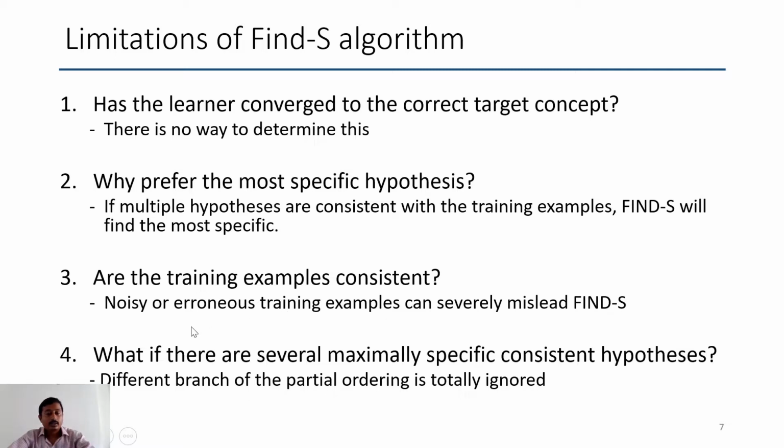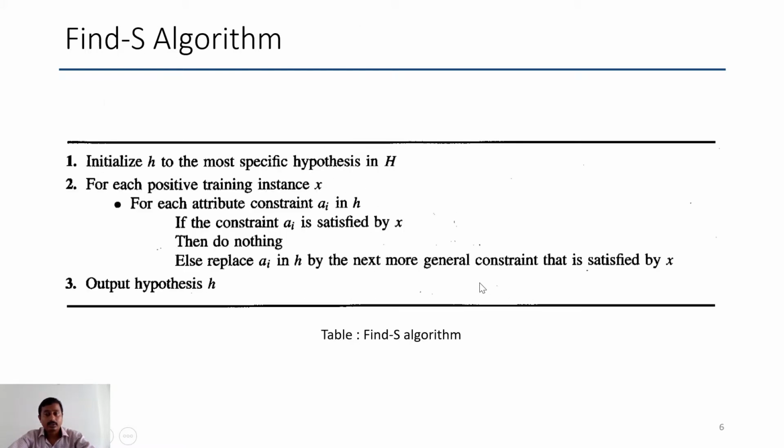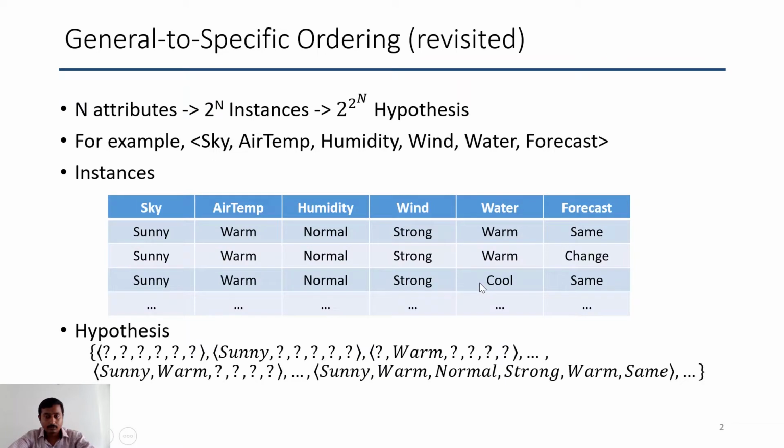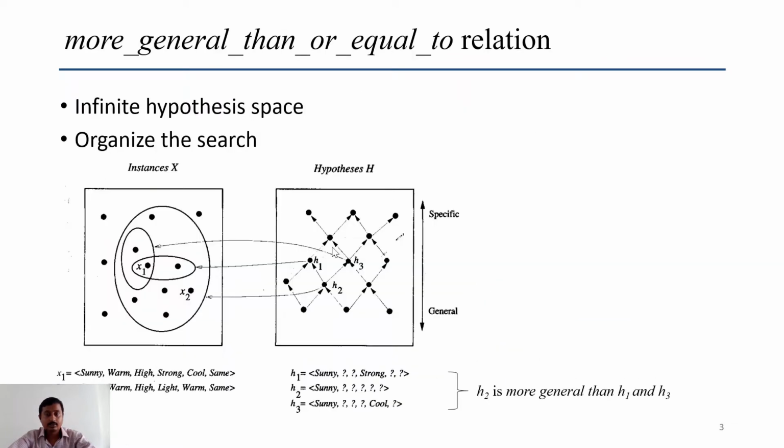The fourth question: what if there are several maximally specific consistent hypotheses? If you observe that diagram, we are starting with the most specific hypothesis in the Find-S algorithm, right? This hierarchy actually indicates a partial order between these hypotheses, and we are exploring only one branch of that partial ordering.